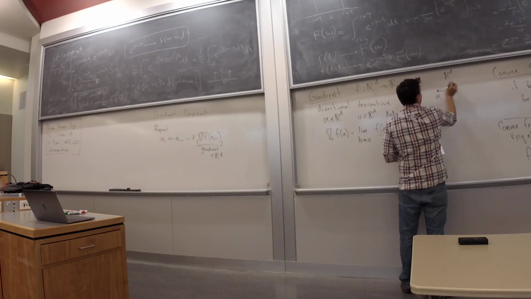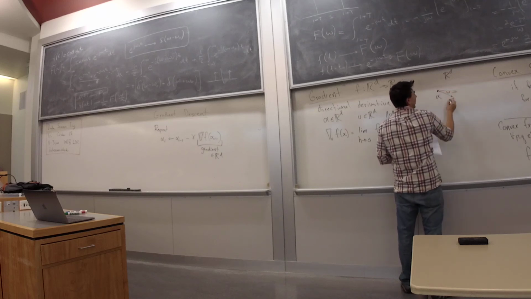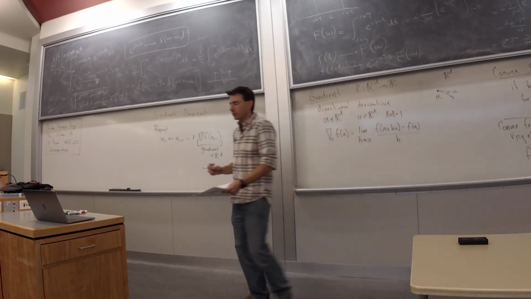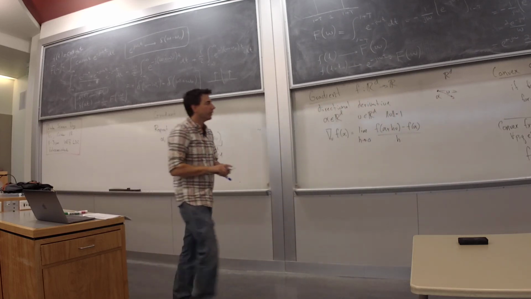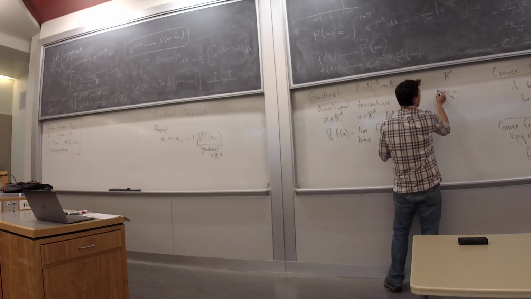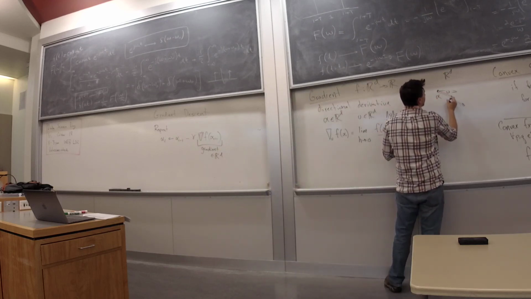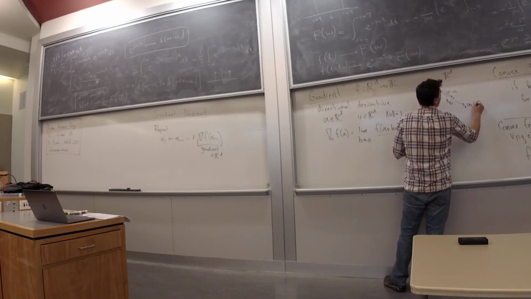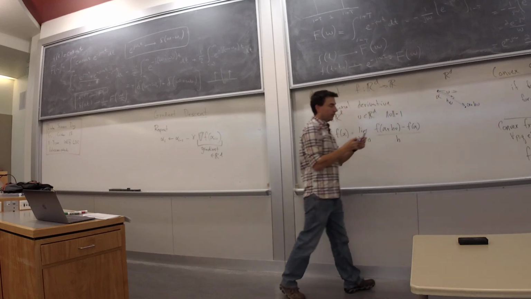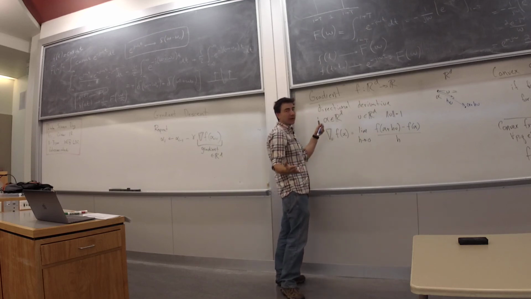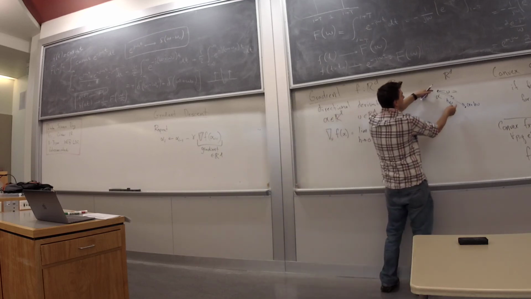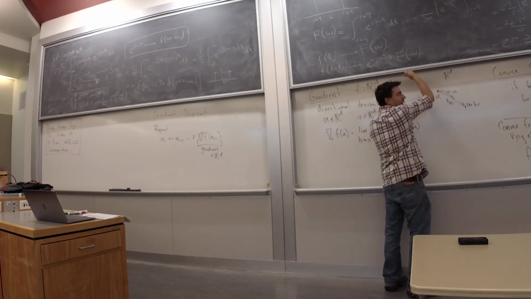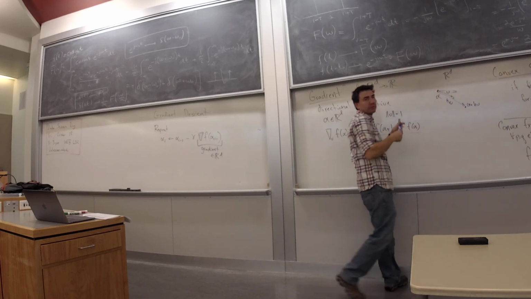I apply some direction u, and I multiply it by h. So now this point is alpha plus hu. As I shrink h, this vector becomes smaller and smaller, but it's a one-dimensional problem. I can restrict down to just this one-dimensional spacing.